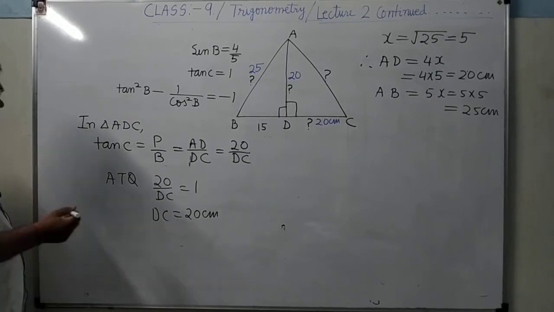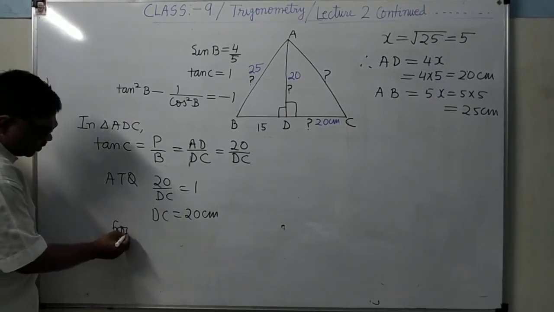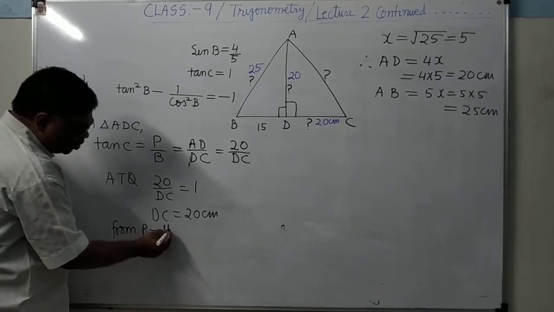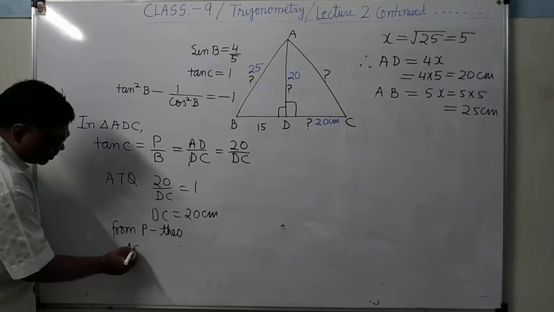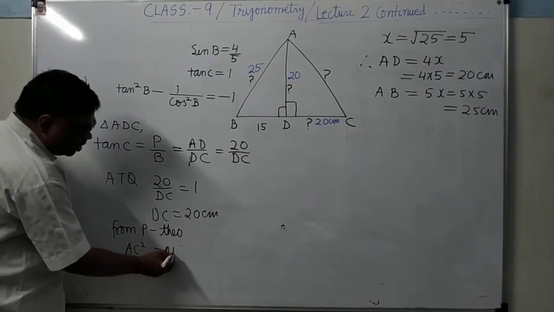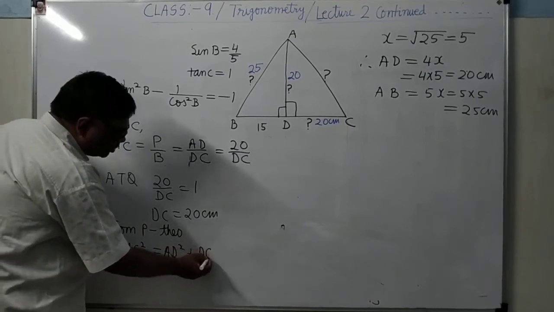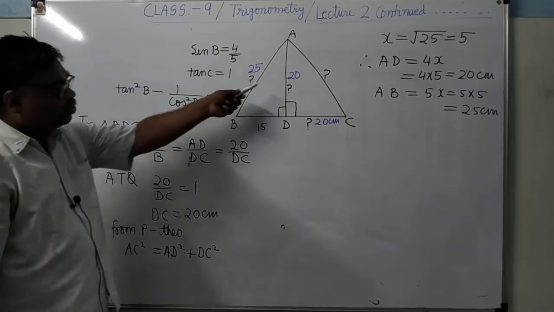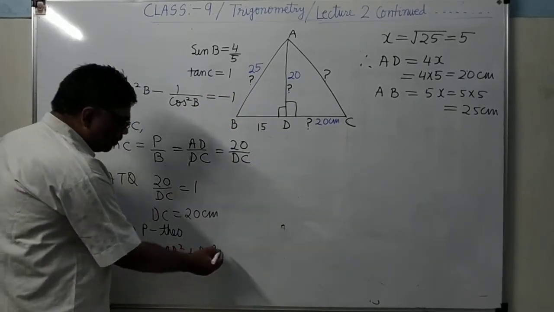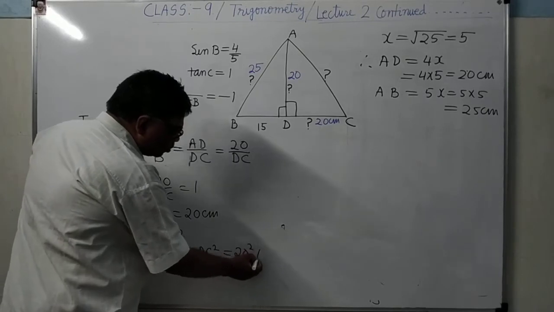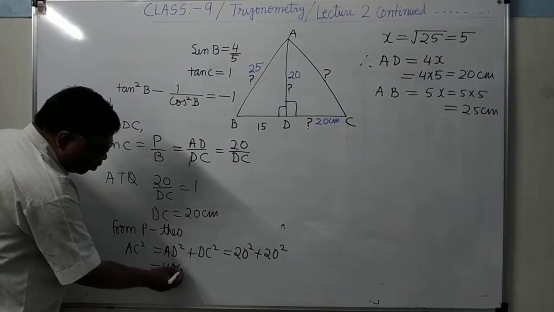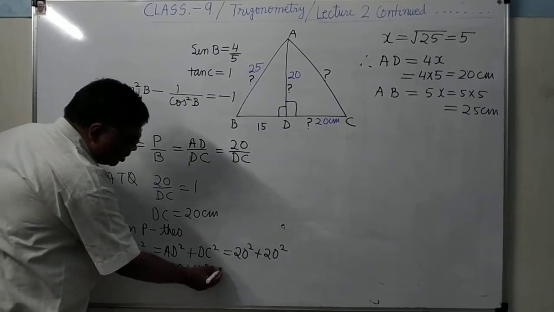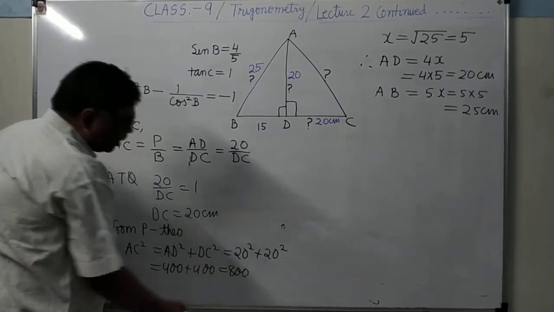So now by Pythagoras theorem you can determine AC. From Pythagoras theorem, what will you get? You will get AC square equals AD square plus DC square. AD is 20, DC is also 20. 20 square plus 20 square equals 400 plus 400, that will be equal to 800.